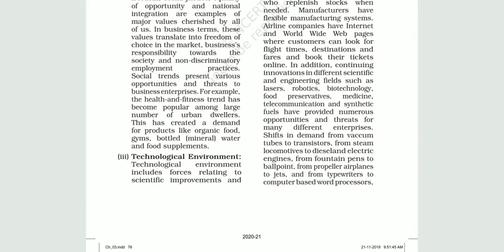Technological environment includes forces relating to scientific improvements and innovations which help in producing new types of goods and facilitating new types of services also for the betterment of the people. It also provides new ways of producing goods or services and new techniques for operating a business.